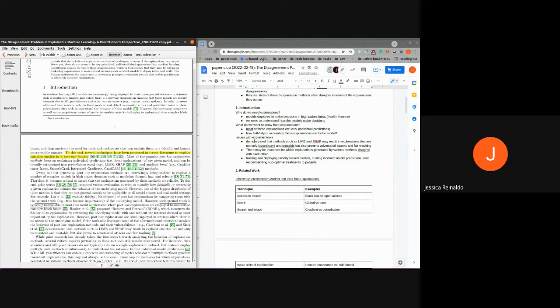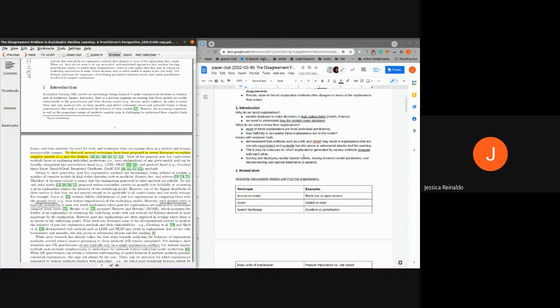So the issues that these explainers have is that sometimes there are studies made with LIME and SHAP, which are the most common explainers out there nowadays.